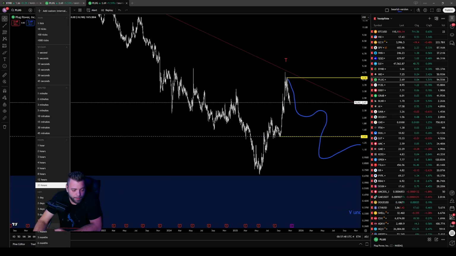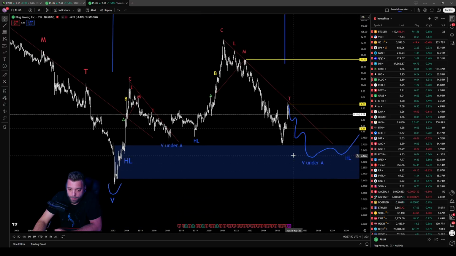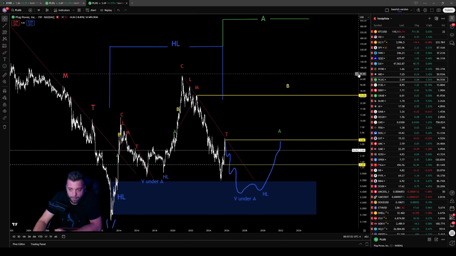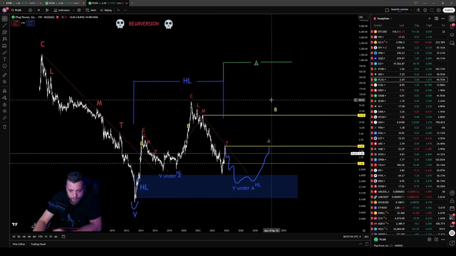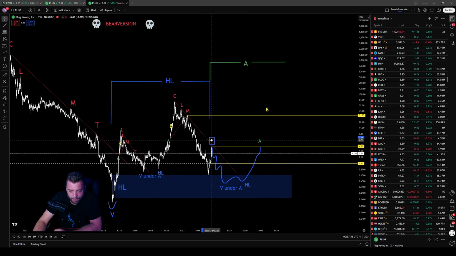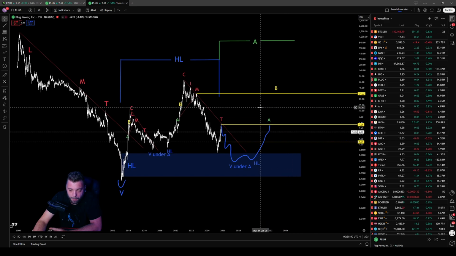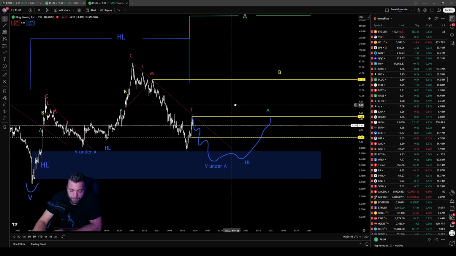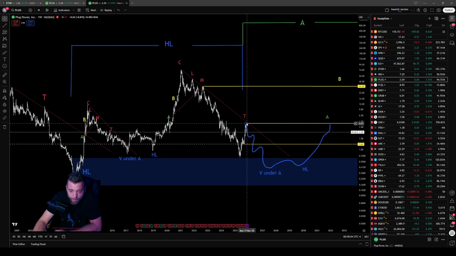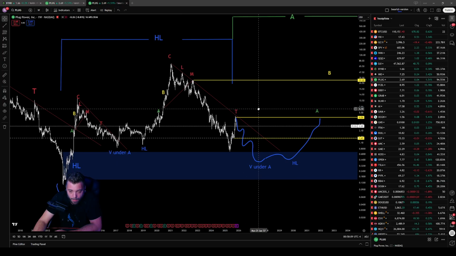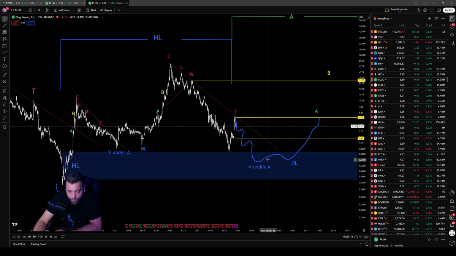And for the bearish alternative, this would be the bearish alternative. It isn't changing much. Also, the T would be the same, the A would be the same, B would be the same, but the difference would be that our last peak was T, not this one. This one was T. And you would look for a new low.